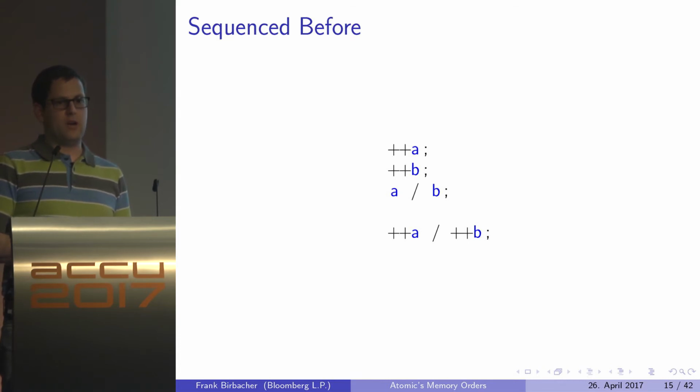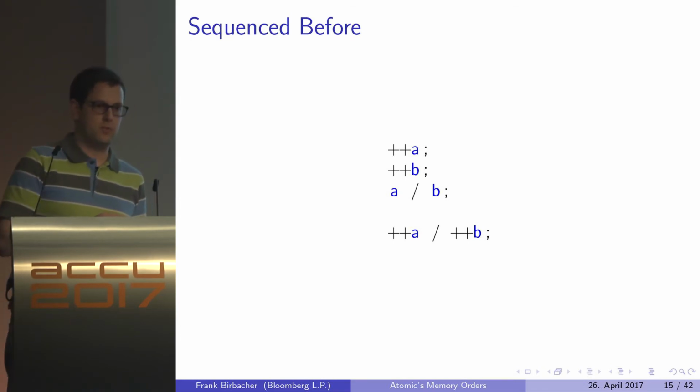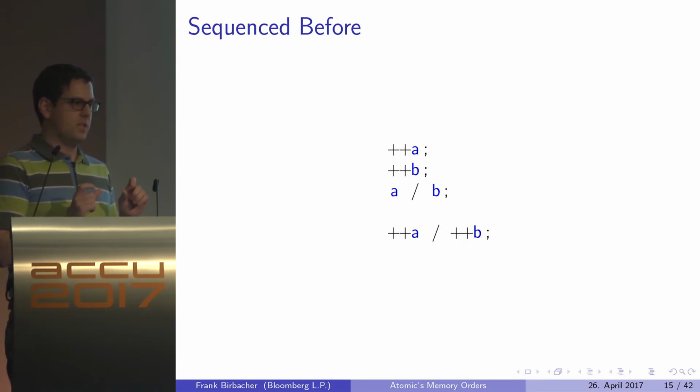But if it can't figure out that A and B are different variables, then it needs to assume that writing to A will affect the content of B. Therefore, the first example has defined meaning in terms of the standard, because completing the side effects on A will then have an effect on B. But it's only within one thread, right?